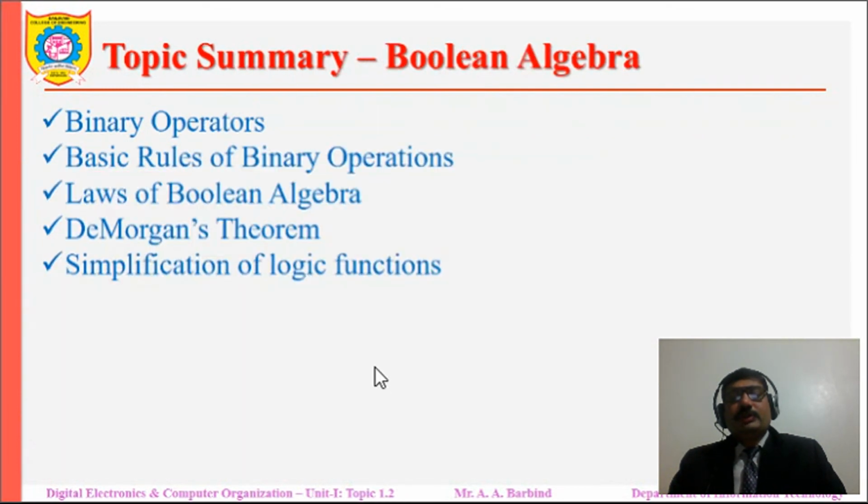So with this we come to the end of this particular topic, Boolean algebra. We have seen binary operators, basic rules of binary operations, laws of Boolean algebra, De Morgan's theorem, simplification of logic gates.